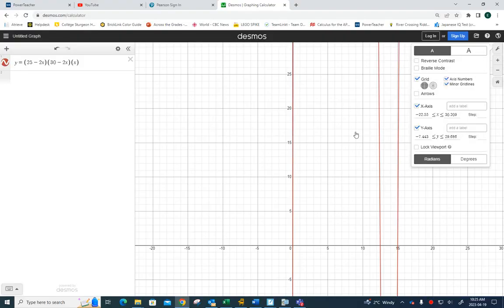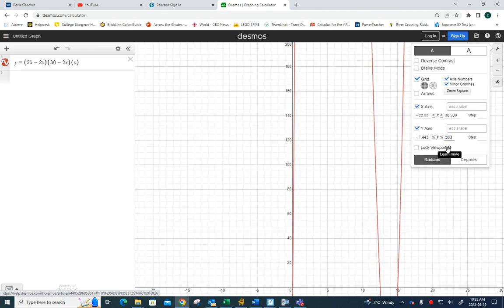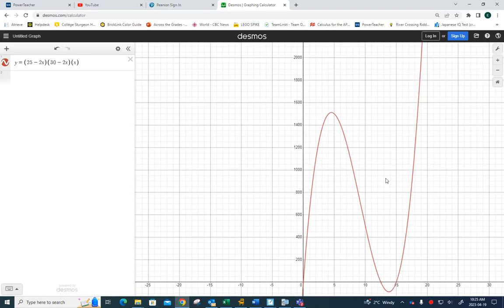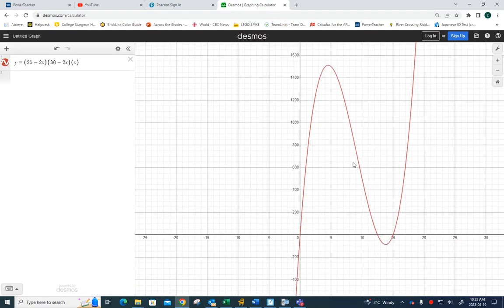I'm going to go to my window, and I know that my y-axis needs to go up to at least 1,500. So I'm going to change my maximum y to 2,000. Oh, nice. Look at that. And we see our graph more like we drew.